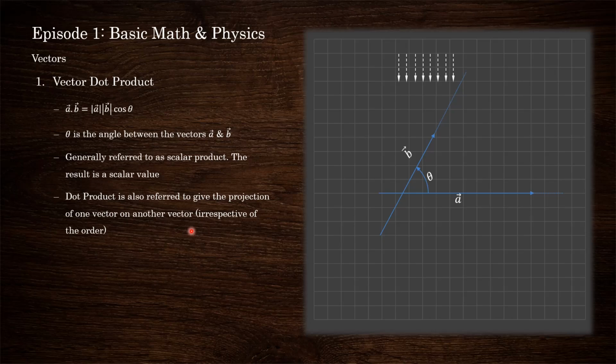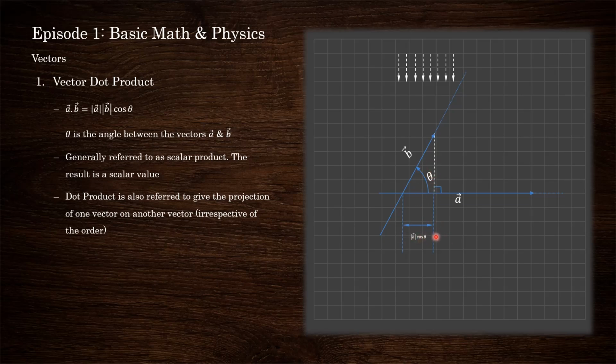If I were to shine light from above at an angle that is perpendicular to a vector, then we are projecting that vector B on vector A. So if we were to look at what this value would be, it would just be the magnitude multiplied by the cosine of that angle.